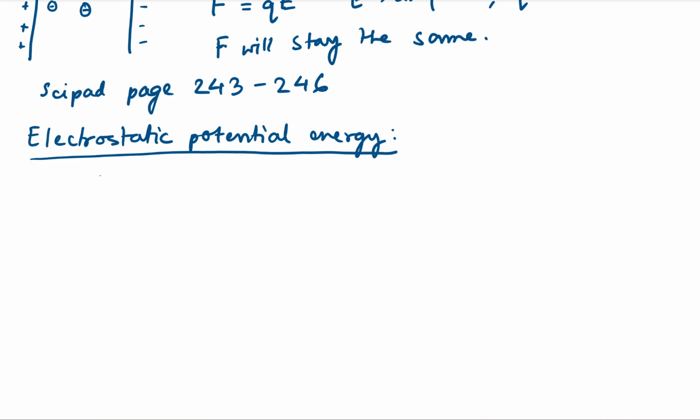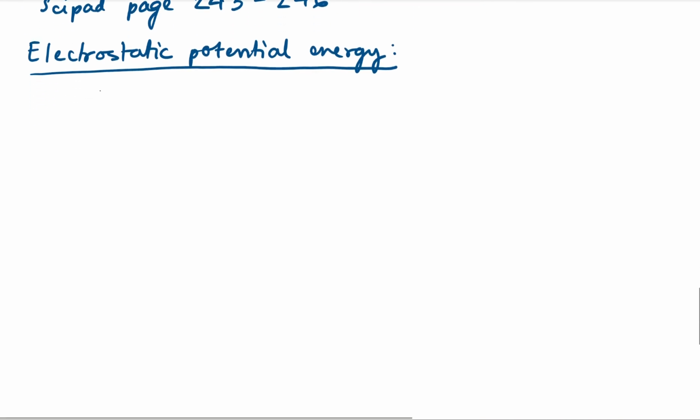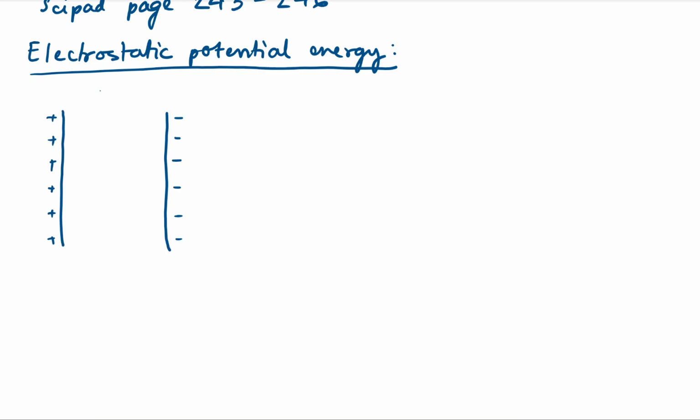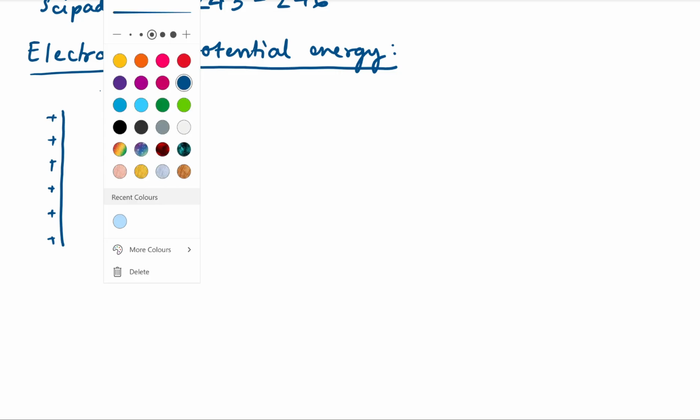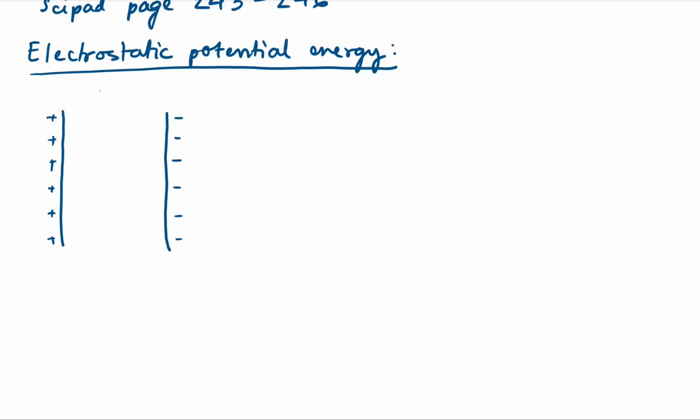So what we are going to look at is the same situation where you have two parallel plates, with positive charges on one of the plates and negative charges on the other plate, and there will be a uniform electric field set up in the region between the plates, shown by these evenly spaced out lines.